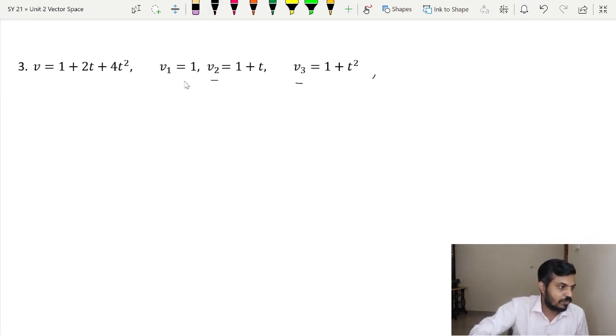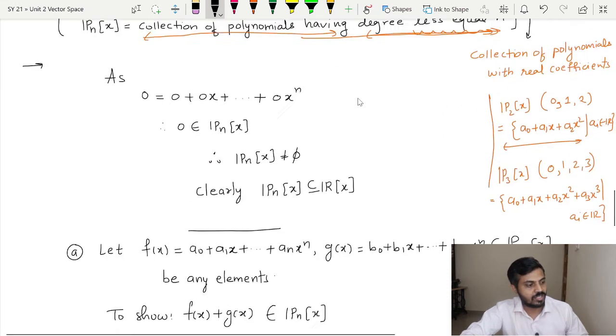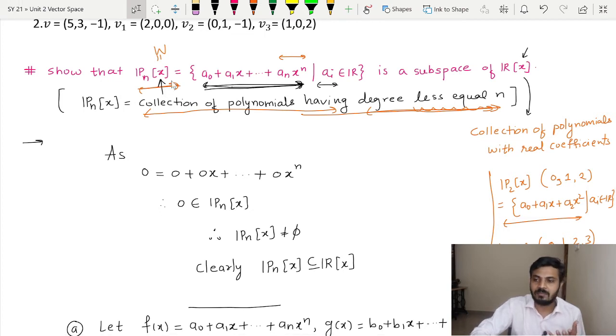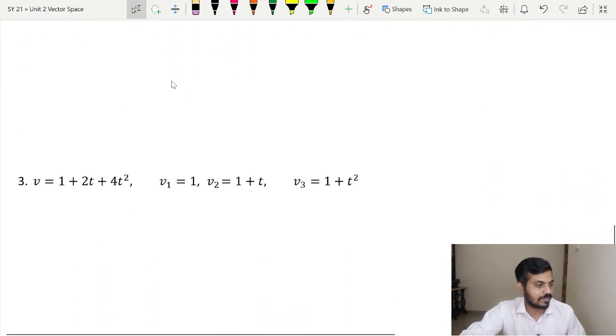Now before moving towards the next example, one more thing I would like to clear. Sometimes the variable used is x, but sometimes the variable t is also used, meaning Pn of x is sometimes denoted as Pn of t. There is no difference, only the polynomial whatever we are denoting will be denoted in terms of the variable t, as we can see in this example.